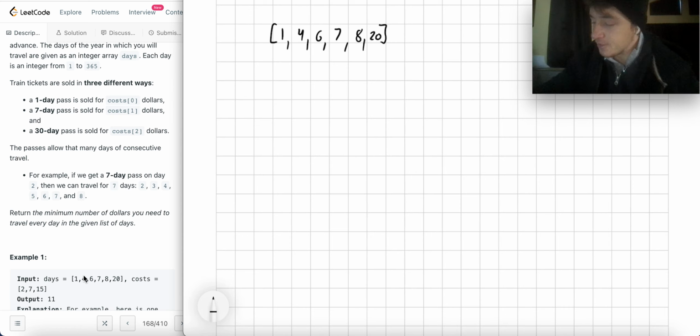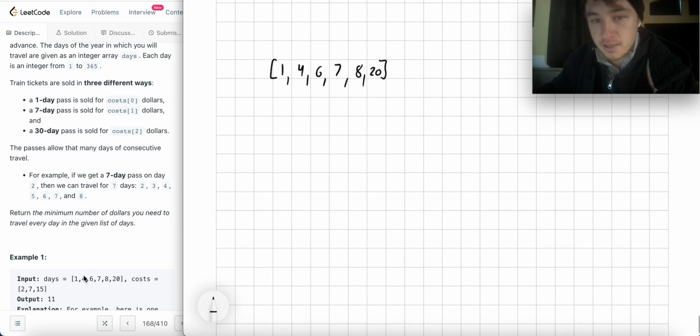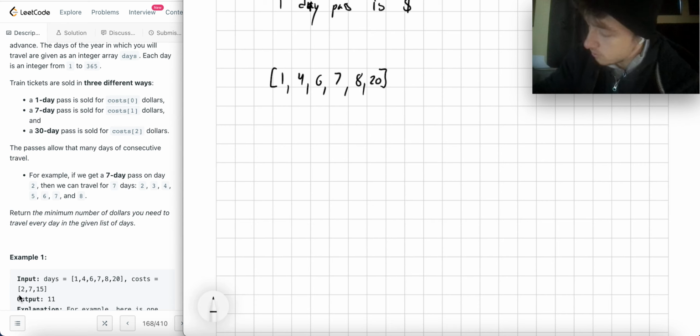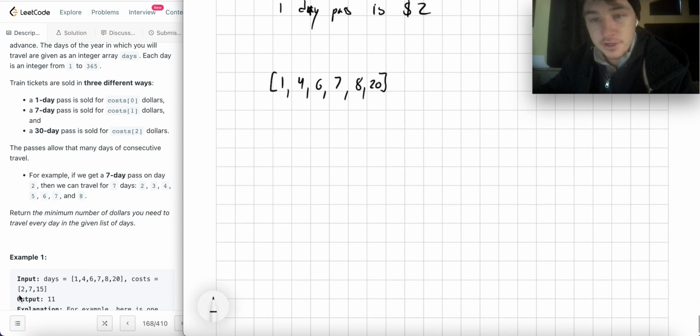And the cost for each corresponding pass: a 1-day pass is $2, or 2 whatever units of money you use wherever you're from around the world.